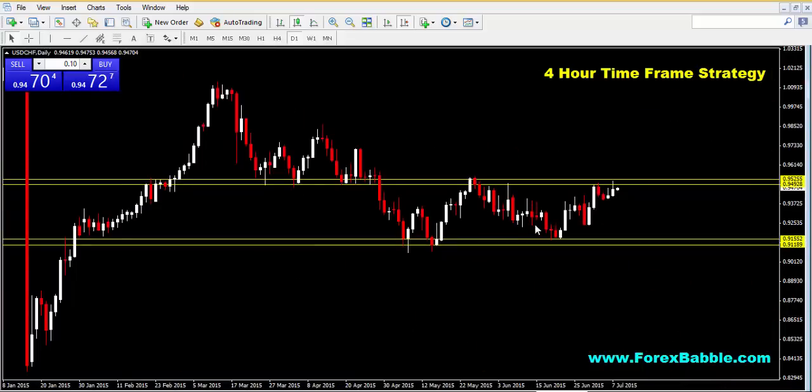So this is what I do. Of course, when price is at either the resistance or the support, when I have my zone set, I will be looking to get in on a sell in this area, because I'm waiting for a sign that price is either going to go back down or break above it.